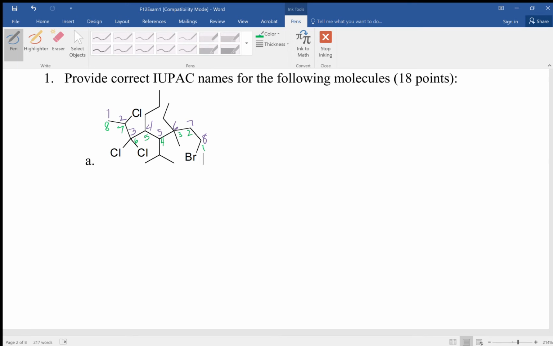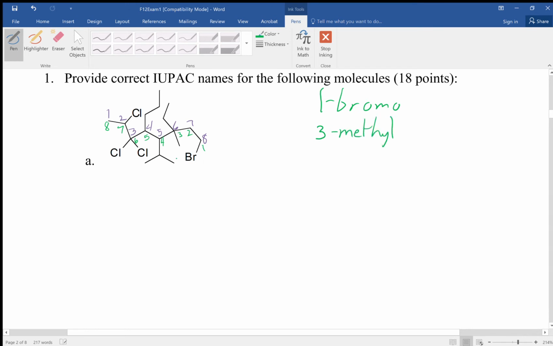Our next step is to then name all of our substituents, and sometimes, especially if there's a lot of substituents, it just becomes easiest to start by making a list. So on the first carbon we have a bromine. On carbon 3 we have a methyl. That's right here, this 1 carbon group. And we also have a 2 carbon group, or an ethyl.